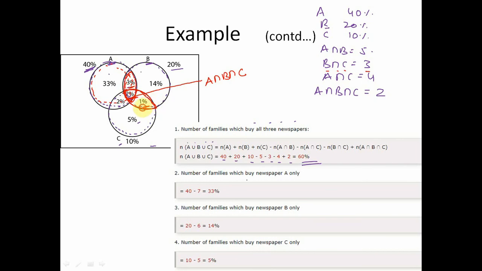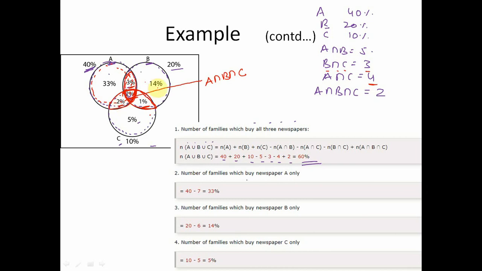So this 1% is the region which is covered by B or C, but not by B and C both. Similarly, if I talk about A and C, I have 4%, but out of this region, once again, this middle region is 2%. So this leaves us 2% over here.